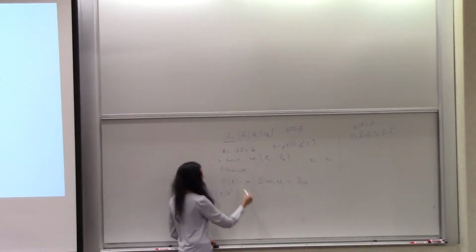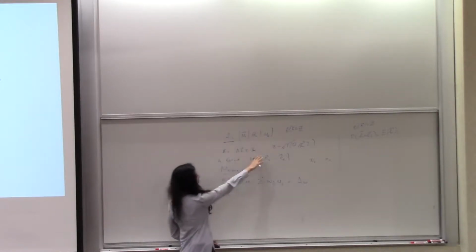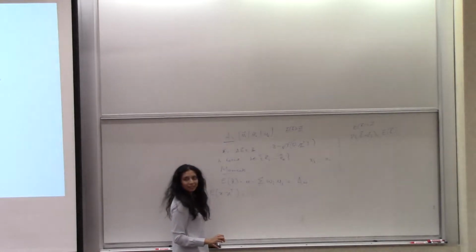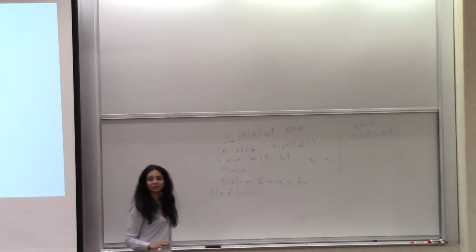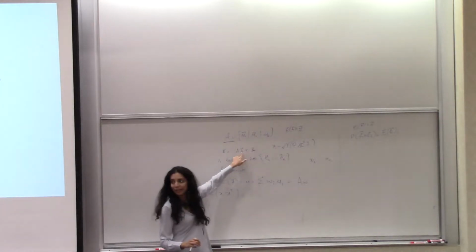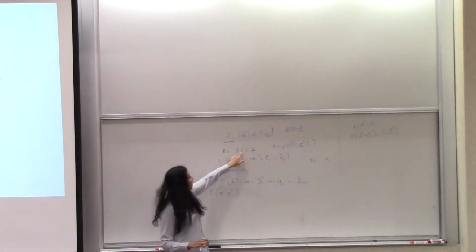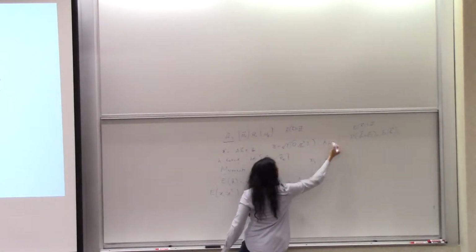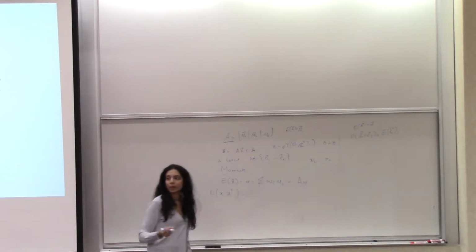I can just expand this, right? So what happens if I just expand this expression? H and Z are independent, right? Yeah, so H and Z here are independent. You can glean that because of the way the process is generated.